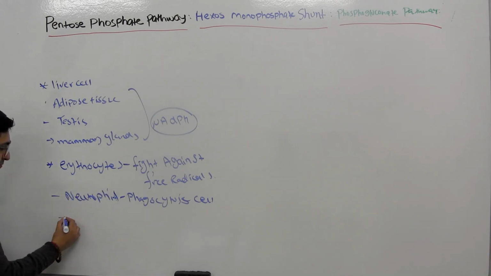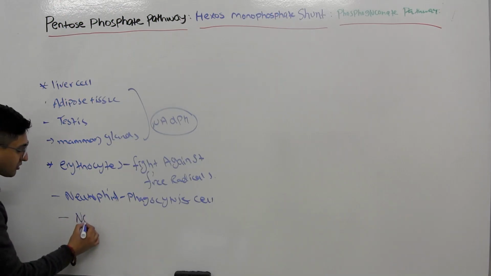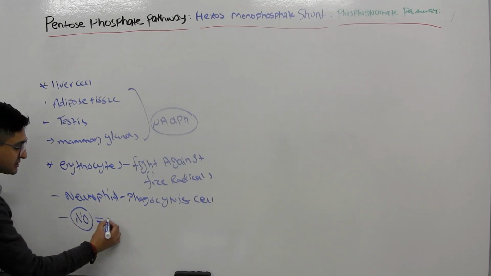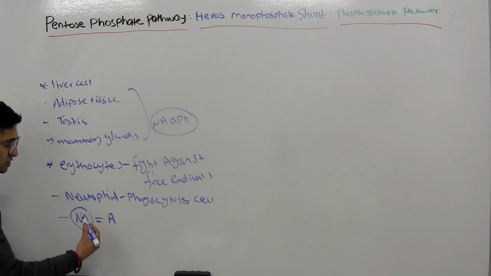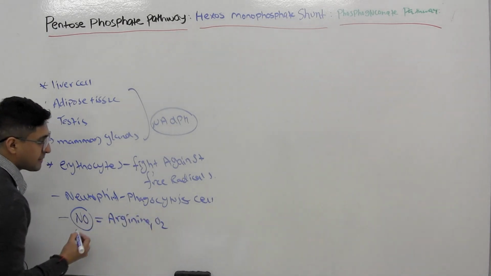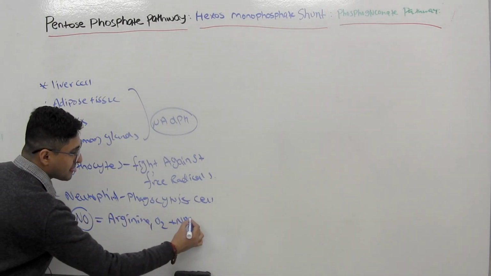Also, this NADPH is used for this important intracellular mediator, which is nitric oxide. Nitric oxide is synthesized from this amino acid, the positively charged amino acid arginine, which uses oxygen plus your NADPH.